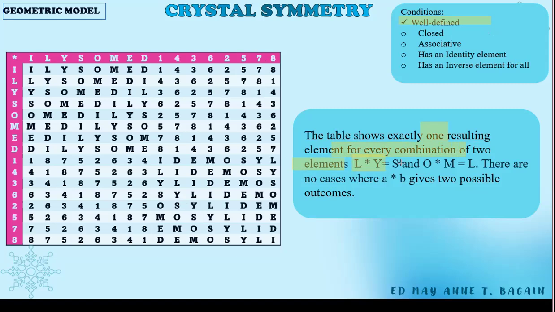Example, we have L star Y is equal to S and O star M is equal to L. And let's check the Y star L is equal to S, and then L star Y still is equal to S. It means L star Y is the same as Y star L. And if we did O star M, it is equal to L. So there are no cases where A star B or any combination of two gives two possible outcomes.